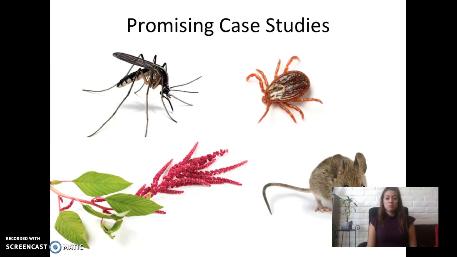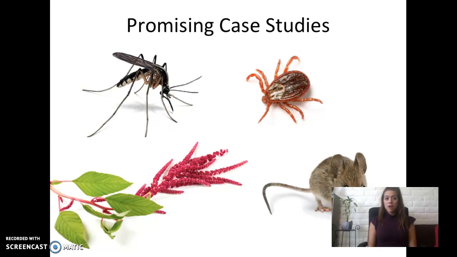Gene drives can also be used to combat invasive species. Take the common house mouse, for example. It is found to be the leading cause of extinction on islands like New Zealand. Gene drives are being investigated as an alternative to rodenticides, which are costly, toxic, and often carry adverse effects to the environment and other organisms.